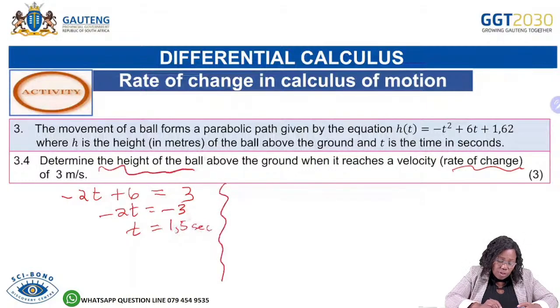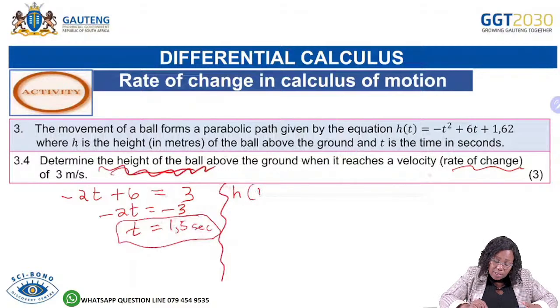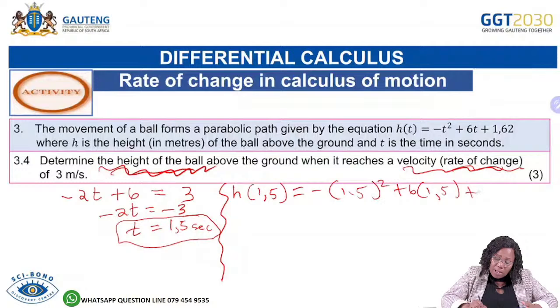Determine the height. We are not yet at the answer, grade 12. We have just calculated the time at that velocity of 3 meters per second. So we are going to take the h formula to find the height at that rate of change. Then it will be height at 1,5: minus 1,5 squared plus 6 times 1,5 plus 1,62.